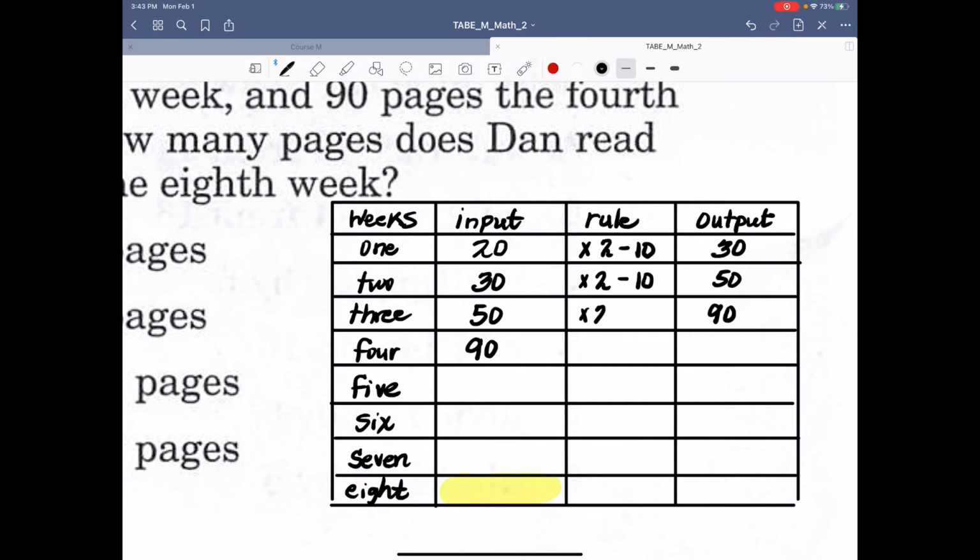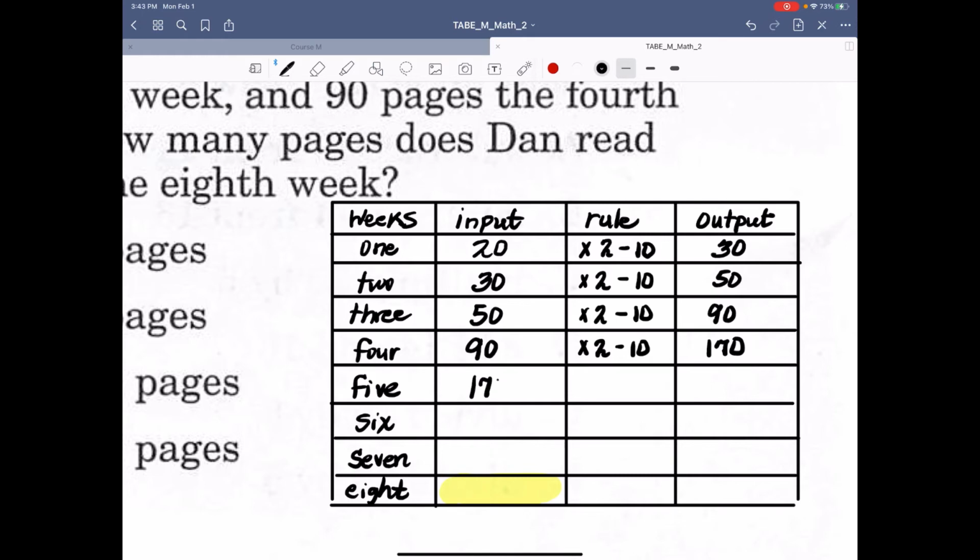50 times 2 is 100, minus 10 is 90. 90 times 2 is 180, minus 10 is 170.